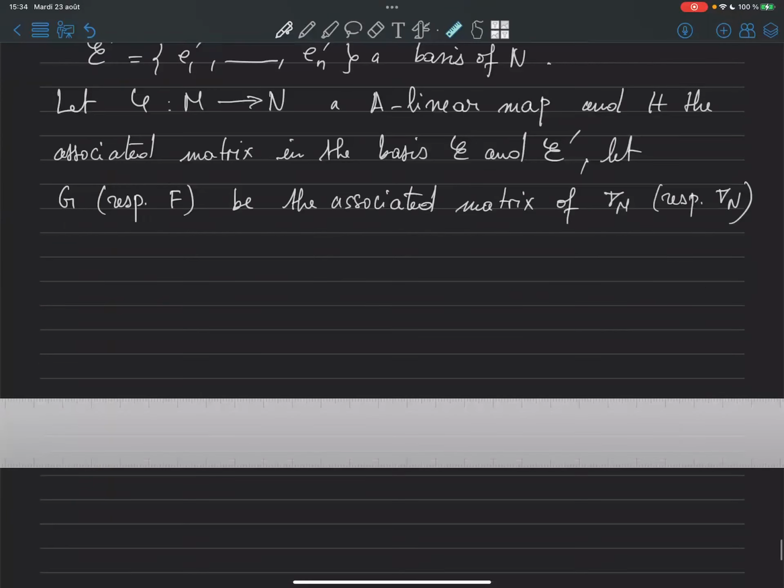Then this condition is exactly the same as the derivative of h equal to hg minus fh.